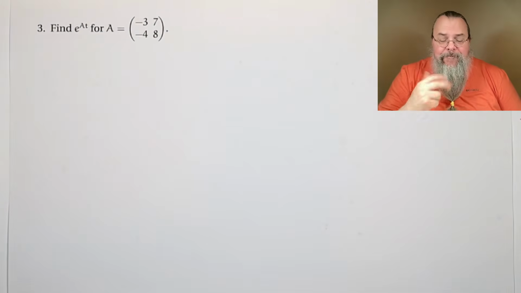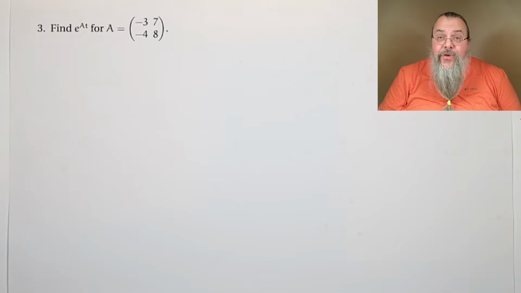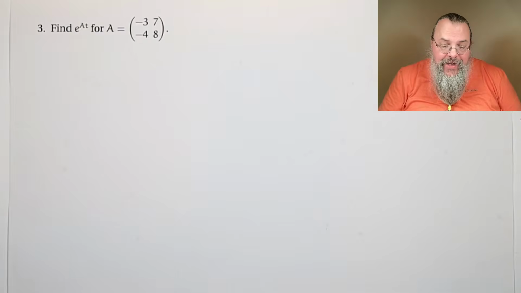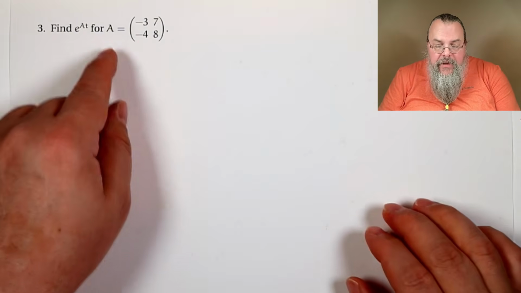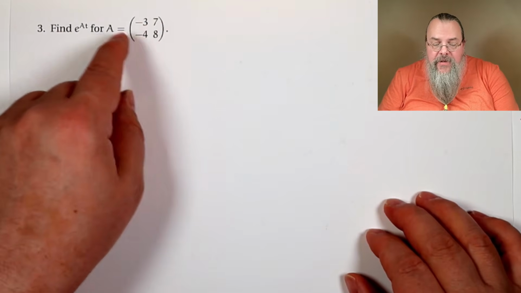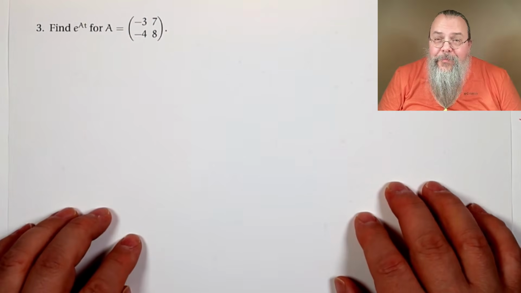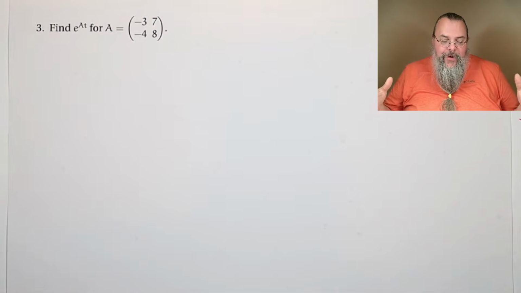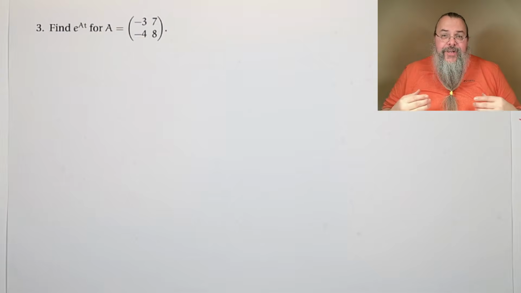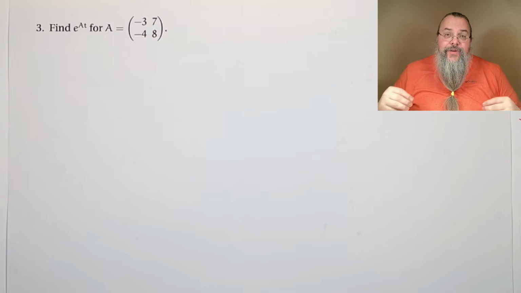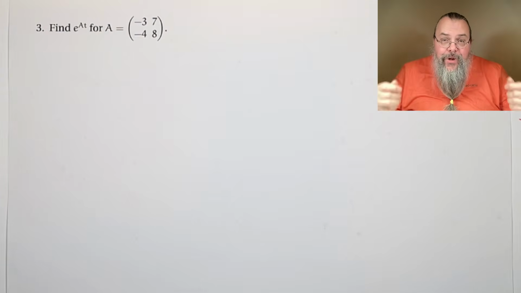Number 3. We're asked to find e to the at, for a is minus 3, 7, minus 4, 8. All right, cool. So what do we do? When we're asked to find e to the at, well, the good news is we have plans.